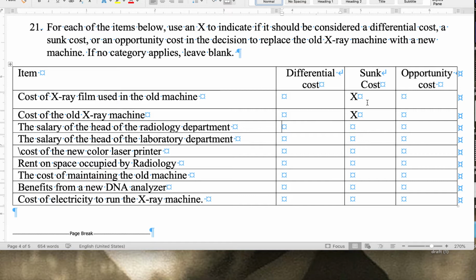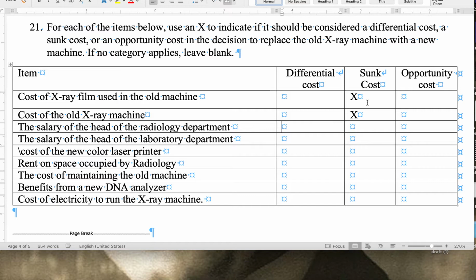So let's look at the salary of the head of the radiology department. Okay, we're in radiology. Should we buy a new machine? Should we not? Well, guess what? We're going to have that position regardless if we use the old machine or buy a new machine. It's still there. It's not a differential cost. That cost exists under both scenarios.